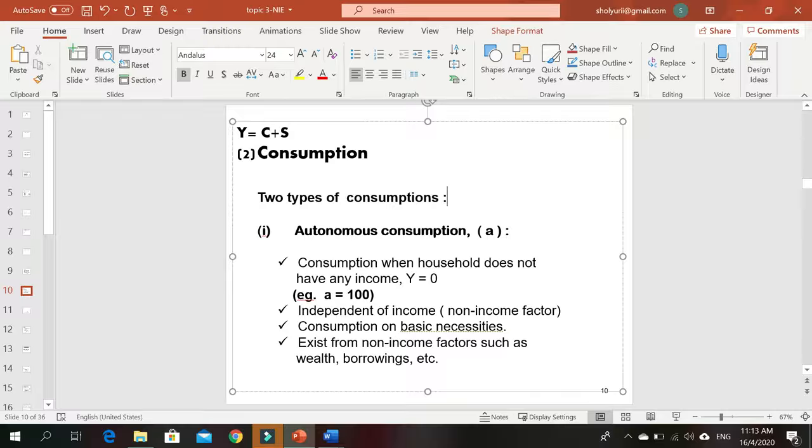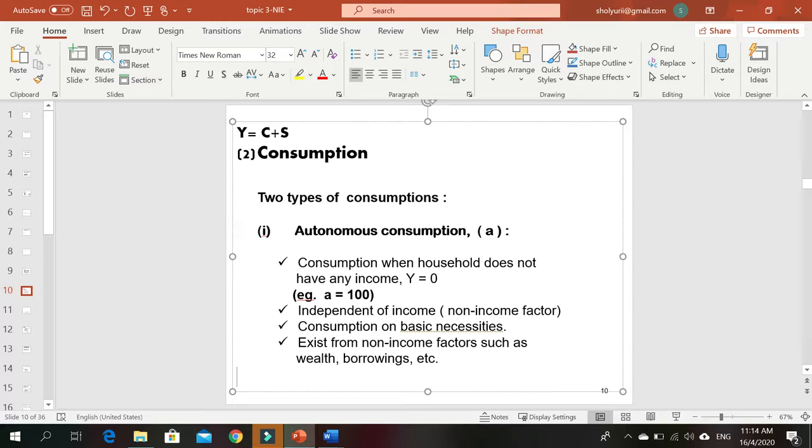Kalau A ni jadi kosong, bermaksud dia tak hidup dah, orang tu dah mati dah. So macam mana you nak berbelanja kalau you tak ada income? Sebab ni, it exists from non-income factors such as harta kita yang lalu yang kita simpan, ataupun kita boleh pinjam, borrowing.